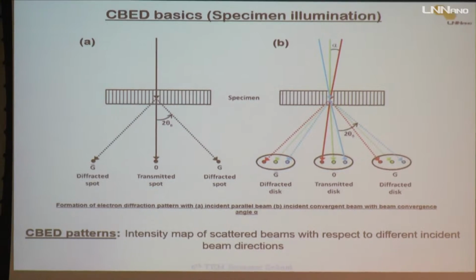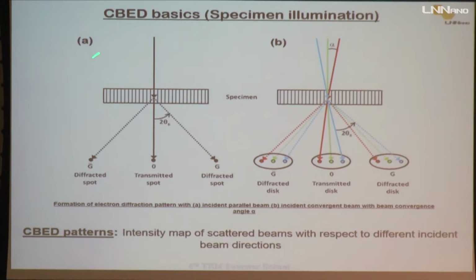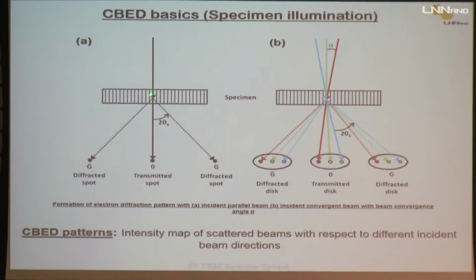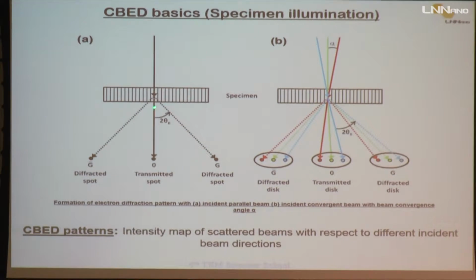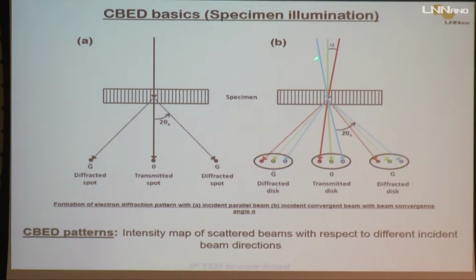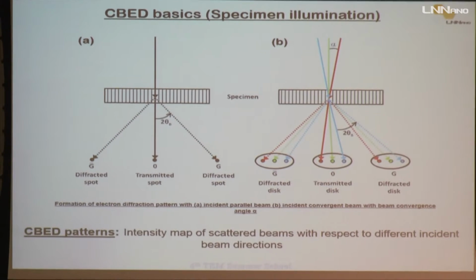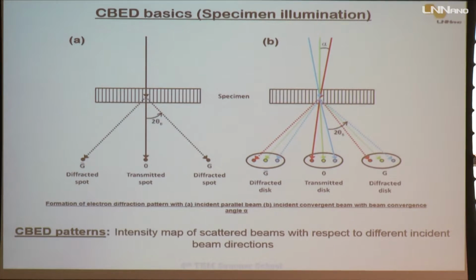As I said in the beginning, when we illuminate a thin sample with a parallel incident beam, we get spot diffraction patterns. And when we replace this parallel incident beam with a convergent incident beam with a convergence angle of alpha, the spots are replaced with disks, and those disks are separated by the Bragg angle.